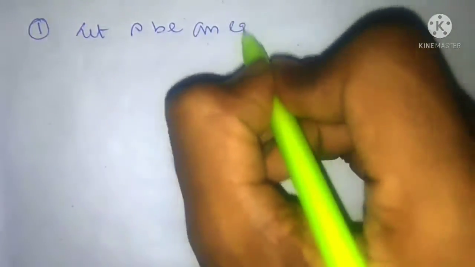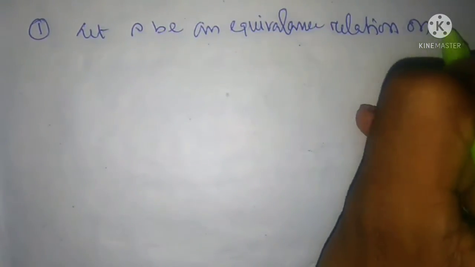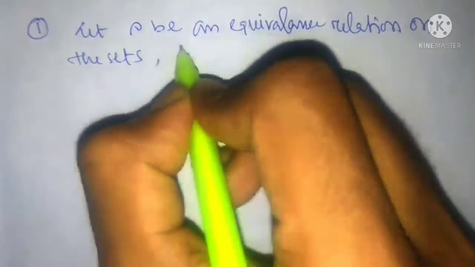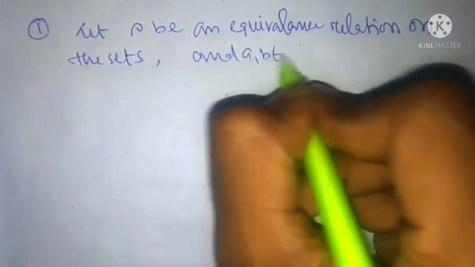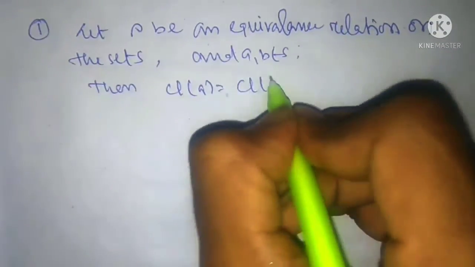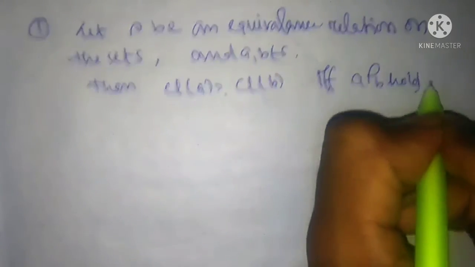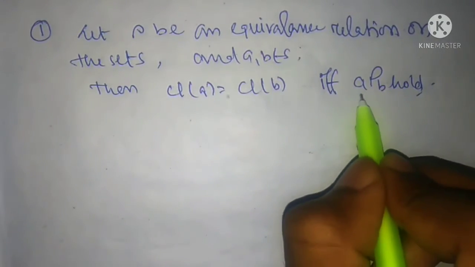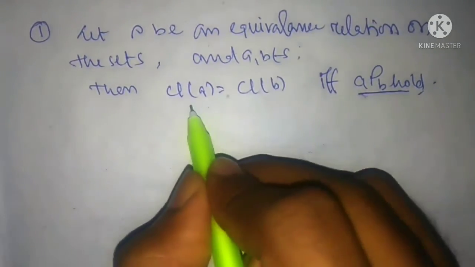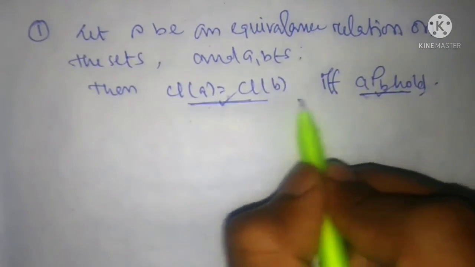The first theorem is: let rho be an equivalence relation on the set S and A, B belong to S. Then class of A equals class of B if and only if A related to B holds. What does this mean? When A related to B holds, then we have to show this, and when the classes are equal, then we have to show the other. That is one to one.